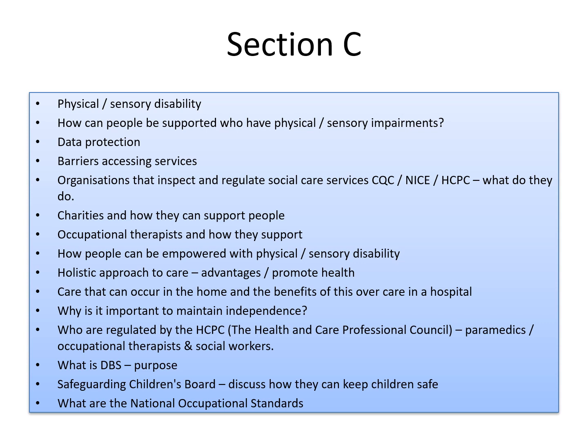Why it's important to help people maintain their independence, especially those that are at home. Who is regulated by the HCPC, the Health and Care Professions Council. What is a DBS, or the old CRB, and its purpose. Safeguarding Children's Board, discuss how you can keep children safe, and what are the national occupational standards. These are all the types of things that have come up in Section C.